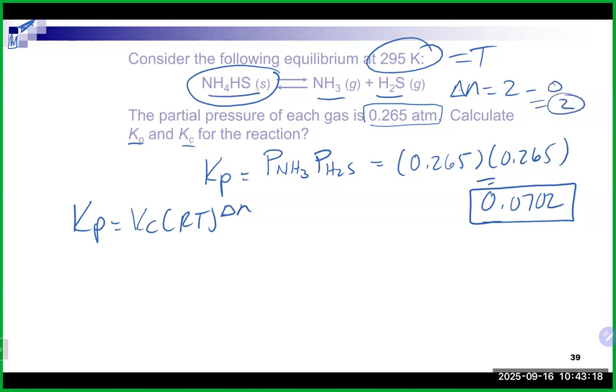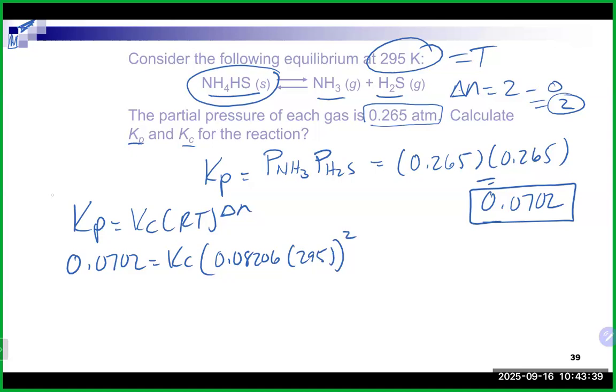So our delta n in this case would be 2. So we'll go 0.0702 equals Kc times the gas constant, 0.08206, times our temperature, 295, and that's going to be squared.